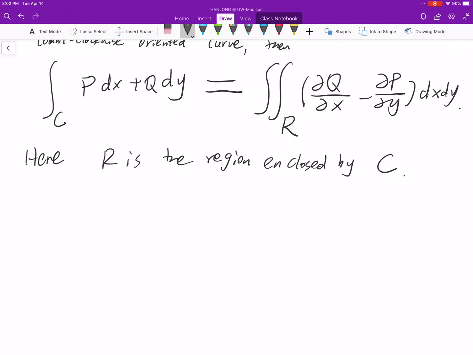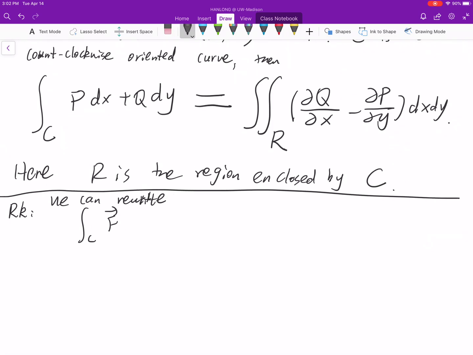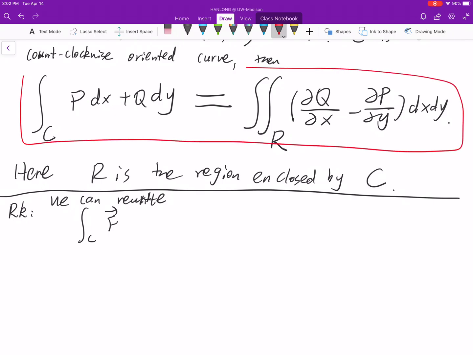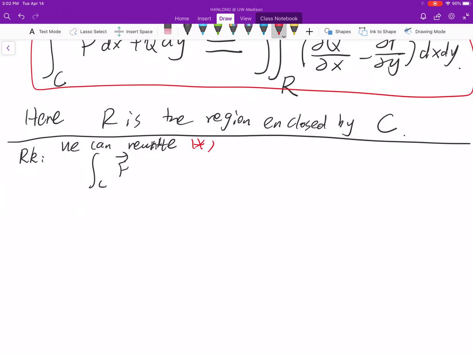And so the remark: we can rewrite the star as curl F dA.